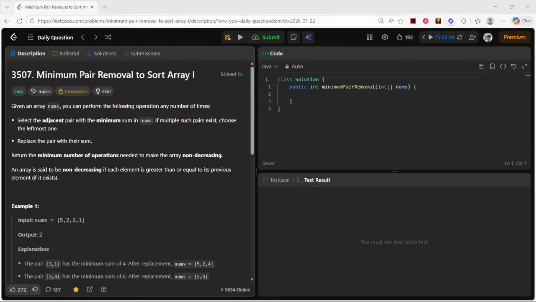If you are given an array nums, you can perform the following operation any number of times. Select the adjacent pair with the minimum sum in nums; if multiple such pairs exist, choose the leftmost one.